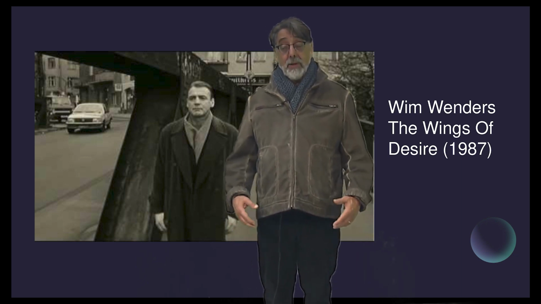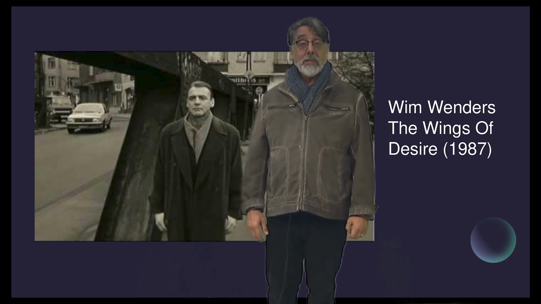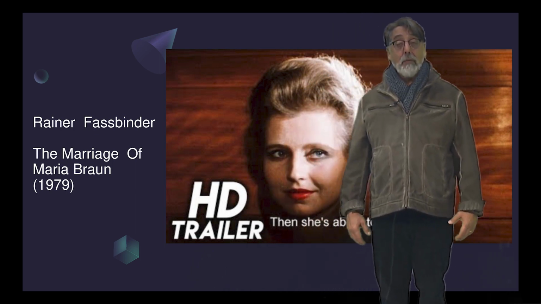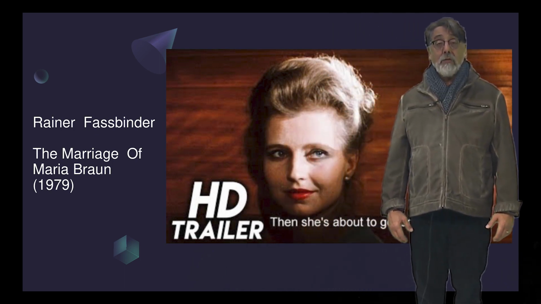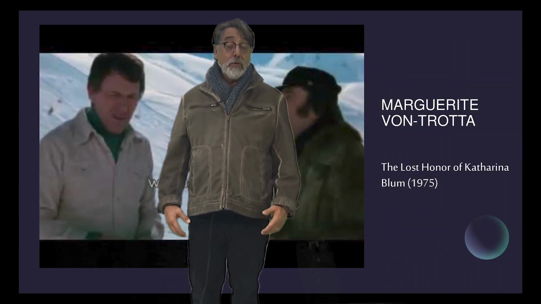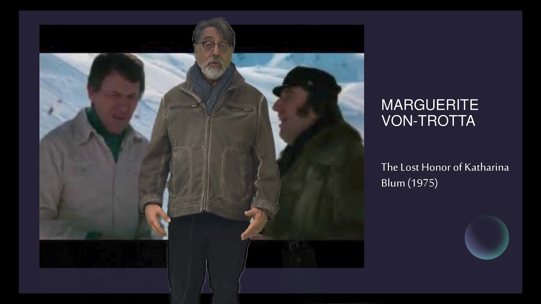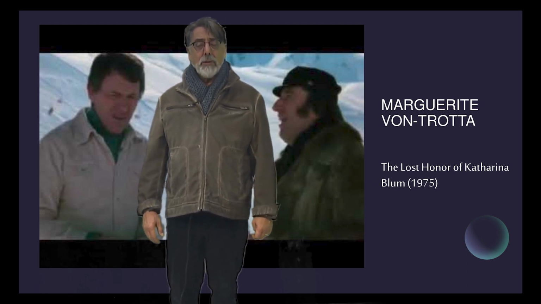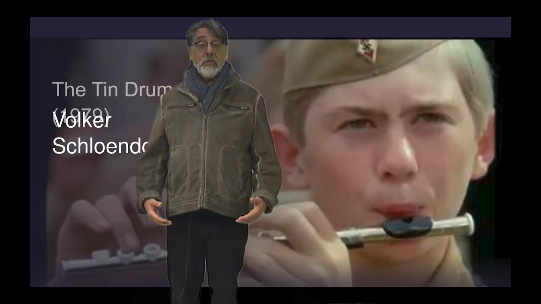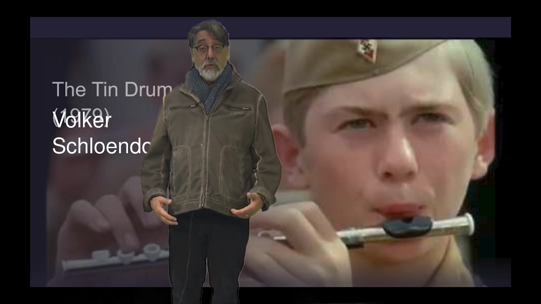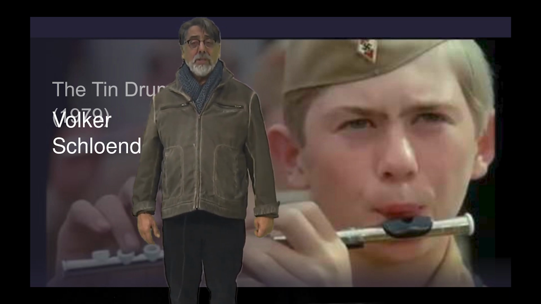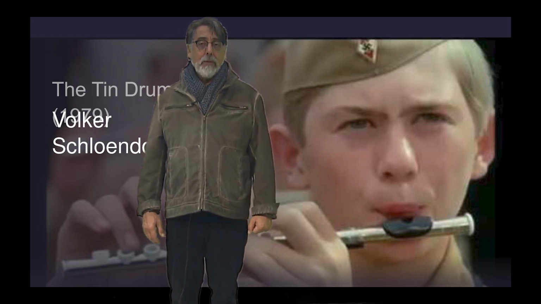We'll talk about it maybe as we watch the film after Paris, Texas. Fassbinder, obviously, 1979, The Marriage of Maria Braun. A very short life, a lot of different films. And Margarethe von Trotta. The Lost Honor of Katharina Blum is a very big masterpiece, political too, but a very strong statement about new German cinema. This is obviously part of the movement with Volker Schlöndorff, who is a great filmmaker of the time. So we cover most of the main, very important filmmakers.